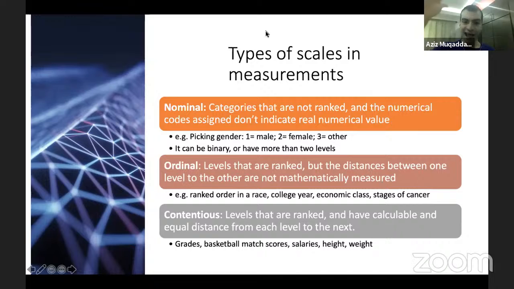They are categories that are ranked, but the distances between them are not actually numerical, or they don't have equal mathematical distances between the different categories.